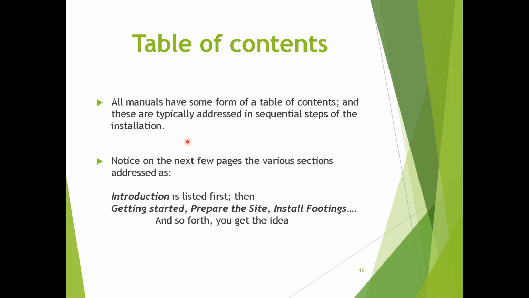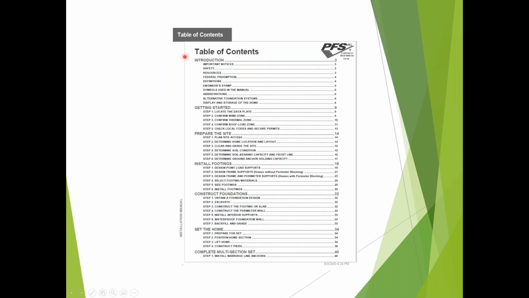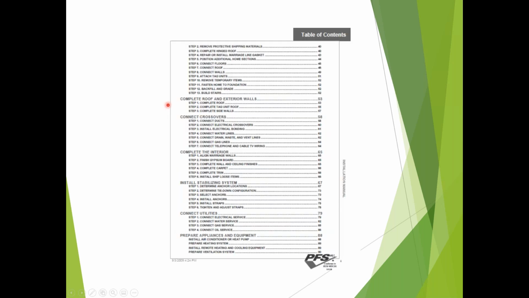The first thing all the manuals have in common is a table of contents of some sort. You'll see here's a table of contents, and most of them are set up this way. There's an introduction section, getting started, prepare the site, install the footings, constructing the foundation, set the home, completing multi-sections, and so on and so forth.